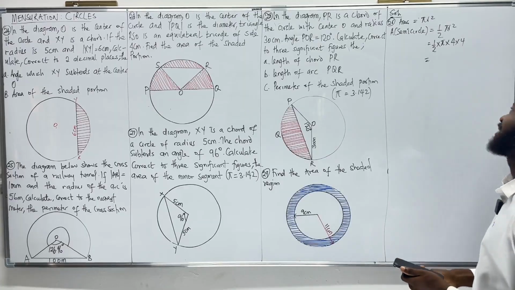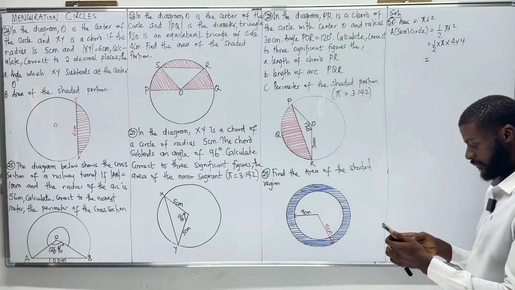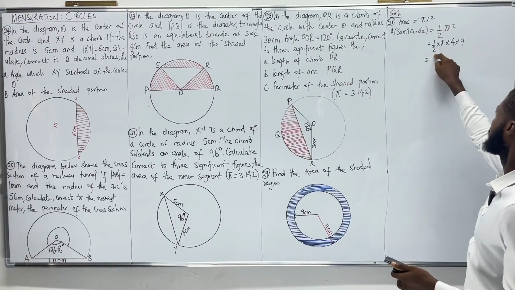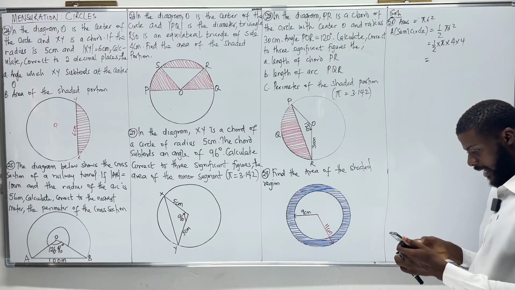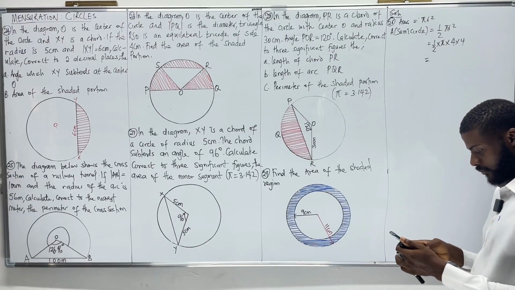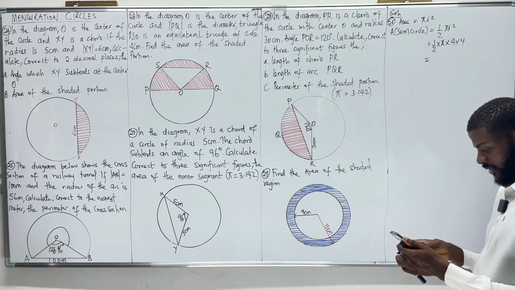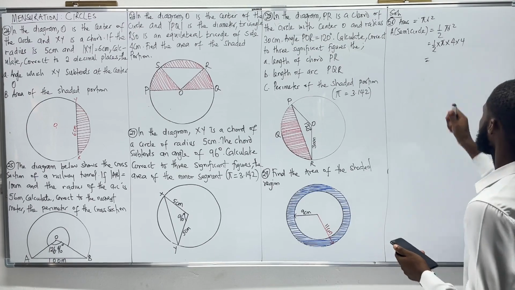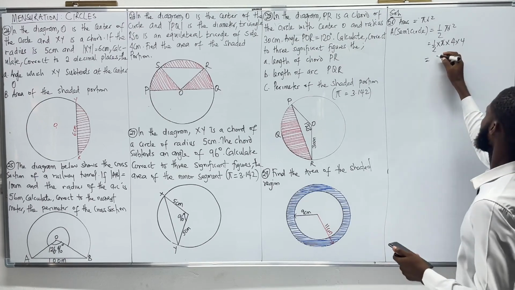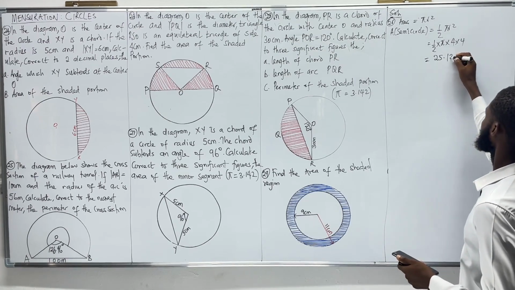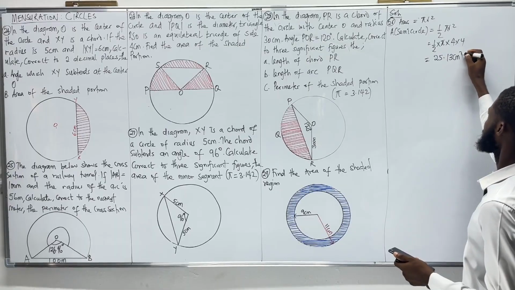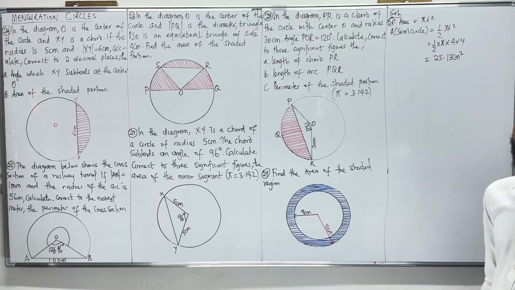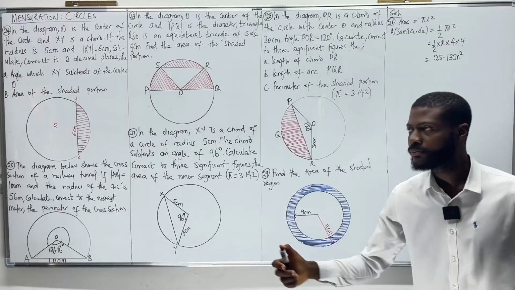So that's half times 16, which is 8 pi. So this is 25.13 centimeters squared. So that's the area of the semicircle.